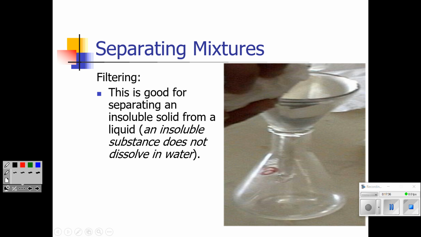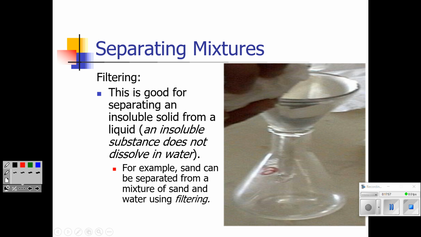An insoluble solid is something that did not dissolve in the water. Just like the sand is insoluble, the iron would have been insoluble. Anything that does not dissolve in the water, you can use a filtering technique to separate that from a liquid. So for example, sand can be separated from a mixture of sand and water using filtering.